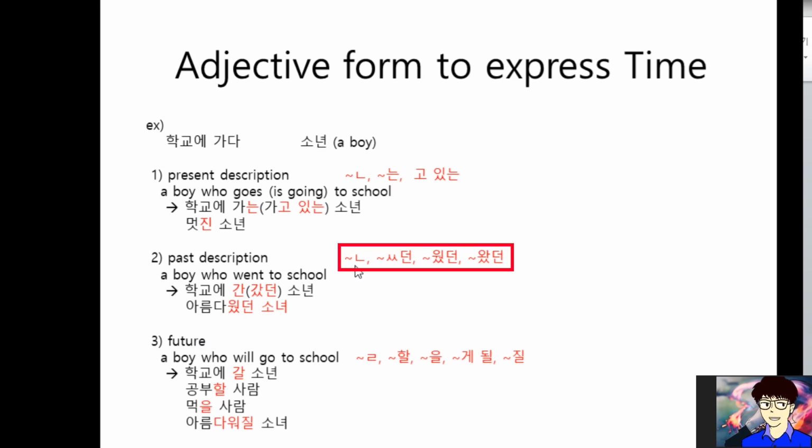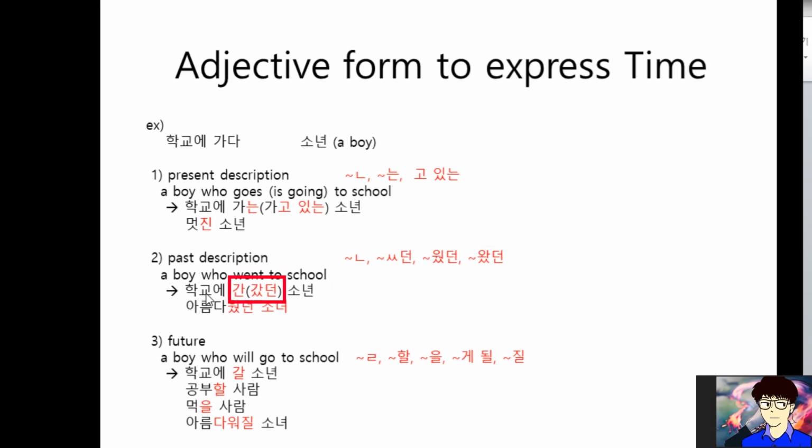And past description. If you want to express past description, you have to put 니은. In this case, not verb forms of adjective, only verb forms, okay? So action verb or static verb like that. In this case, you have to put 니은 or 쌍시옷던, like what done or what done, like that. Okay? So for example, when you want to say a boy who went to school, in that case, you have to put 니은.